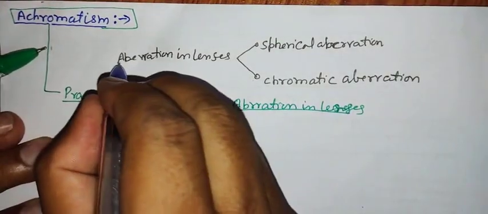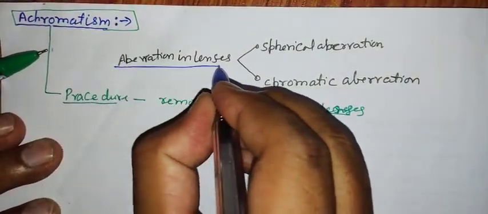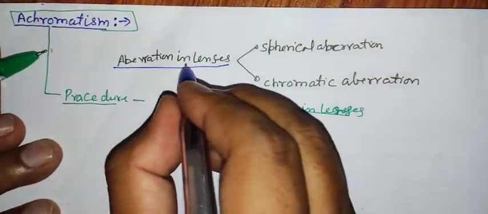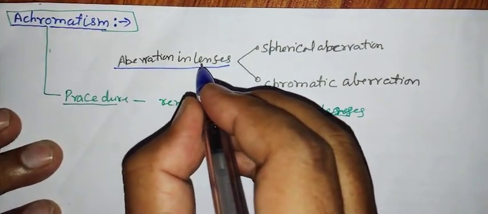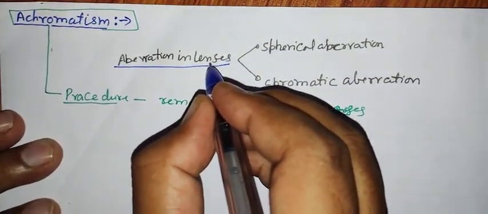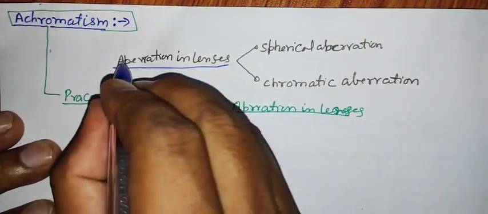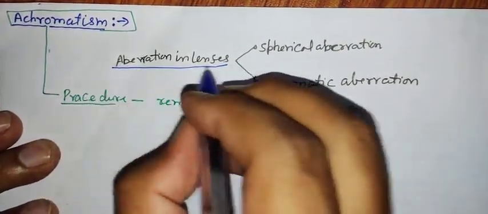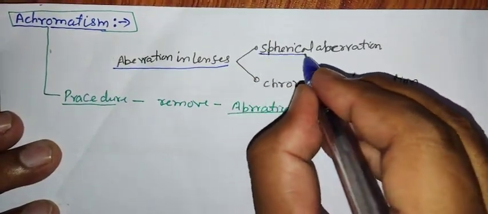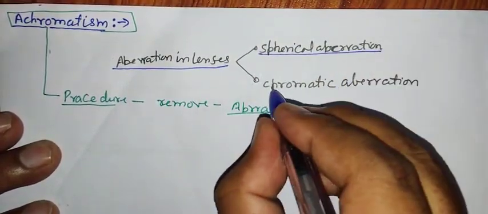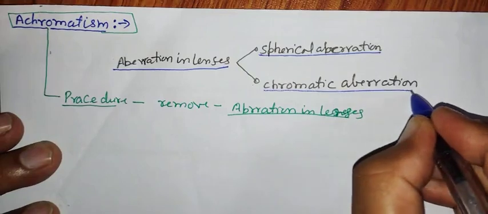Since we know that aberration is a defect in the image, in its color and size, formed by the lenses. It is of two types: spherical aberration and chromatic aberration.